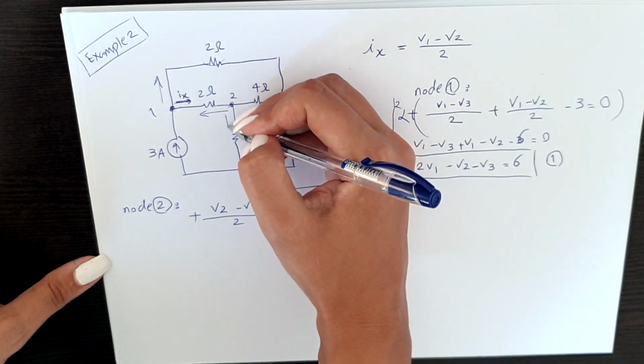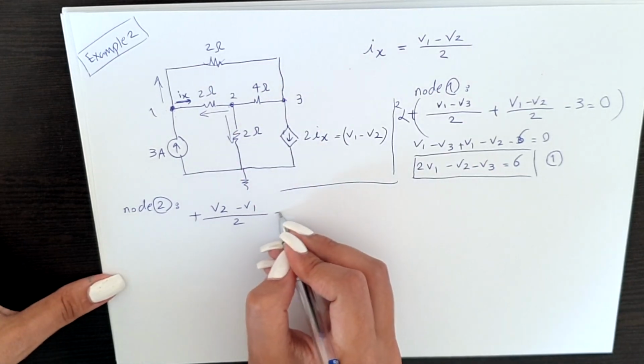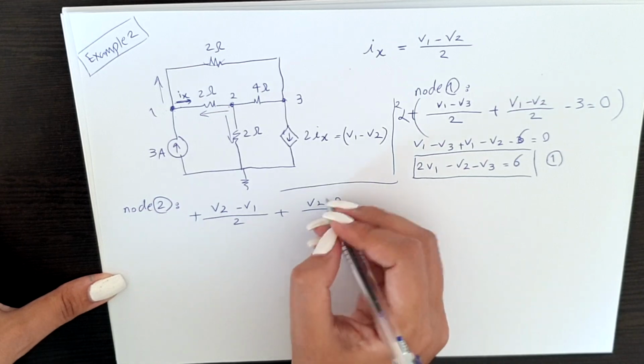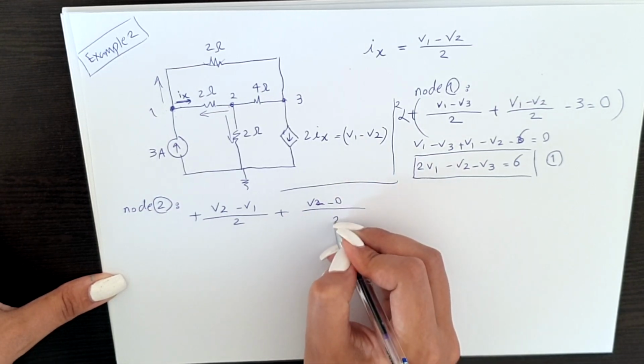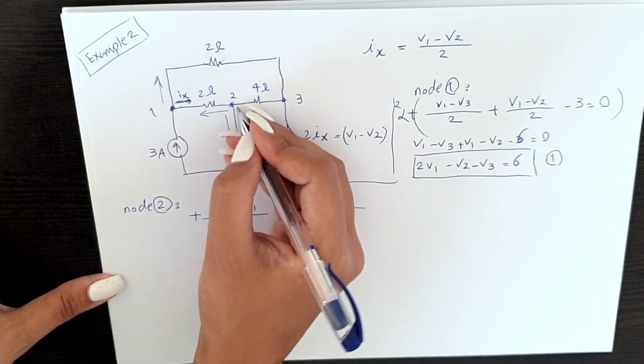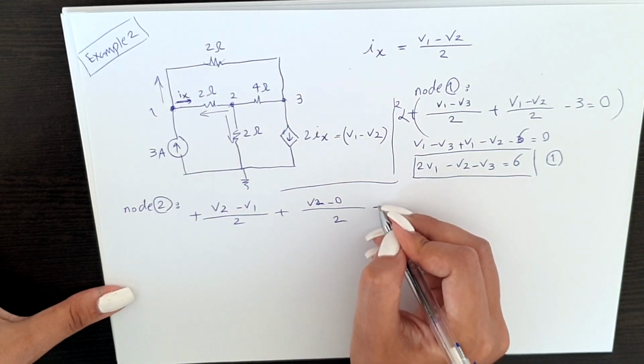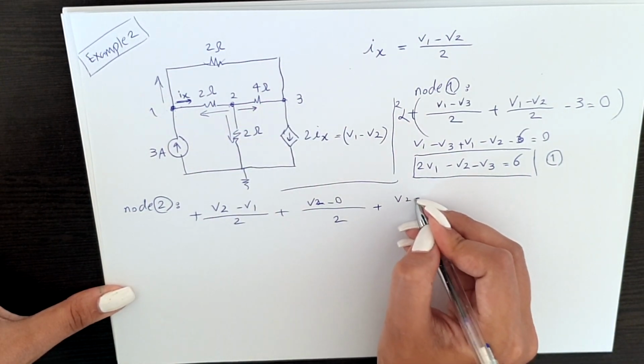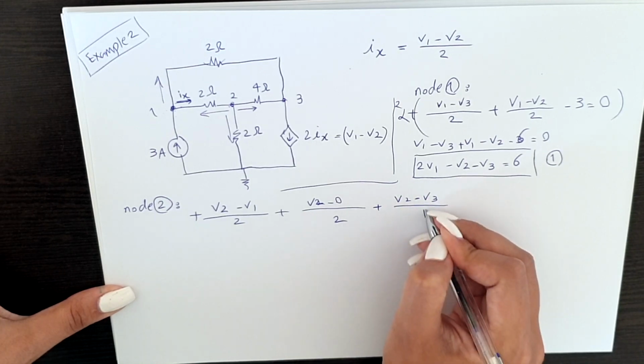Here we have another current, in this direction, so we put plus here. V2 minus 0 over 2. Another branch we have here, plus, we consider the current this way, so V2 minus V3 over 4.